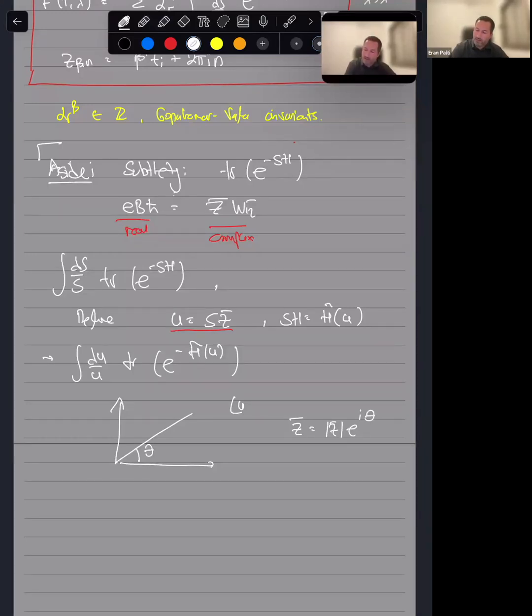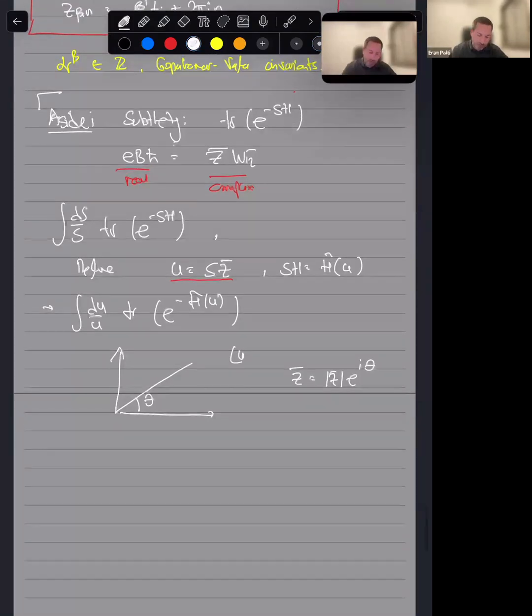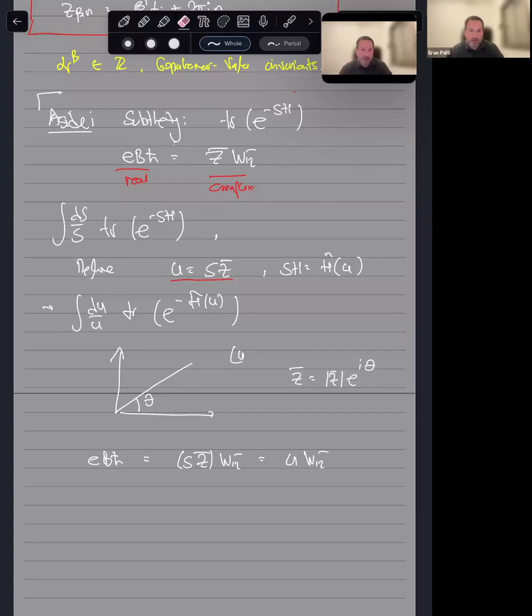When we do this change of variable, before we had EB equals Z bar, but now we've absorbed S into the Hamiltonian, we find S times Z bar here, which is just U. So again, we still have this issue that on the right-hand side we have something complex, and on the left-hand side the standard calculation is for a real magnetic background field.